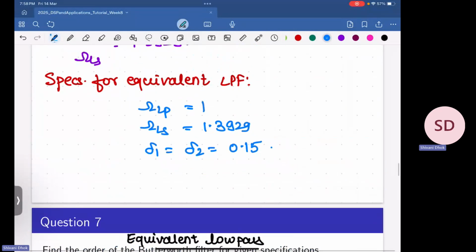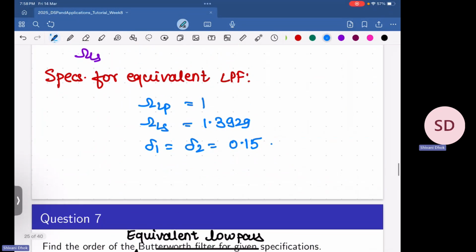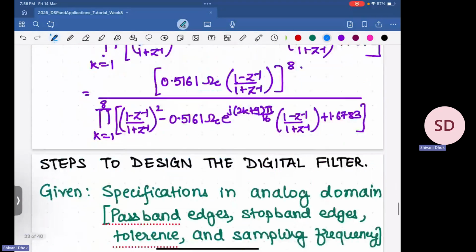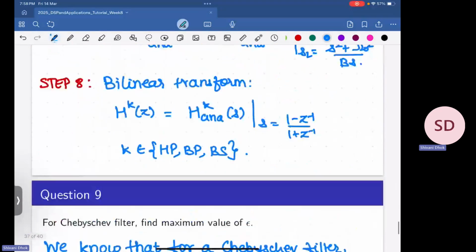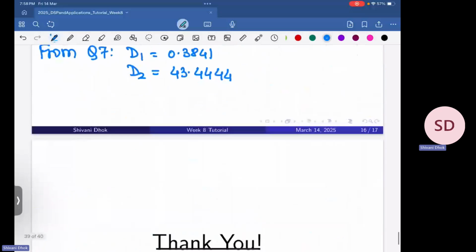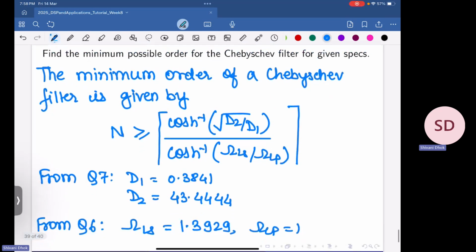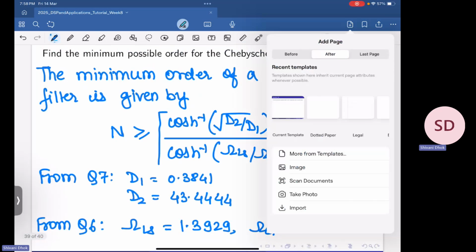So from question 6, omega_ls is 1.3929 and omega_lp is equal to 1. So let us substitute these values in this equation.